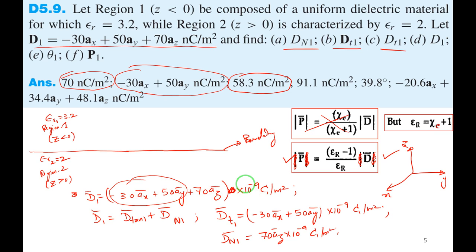So I'll calculate under root of 30 exponential minus 9 whole square plus 50 exponential minus 9 whole square plus 70 exponential minus 9 whole square.